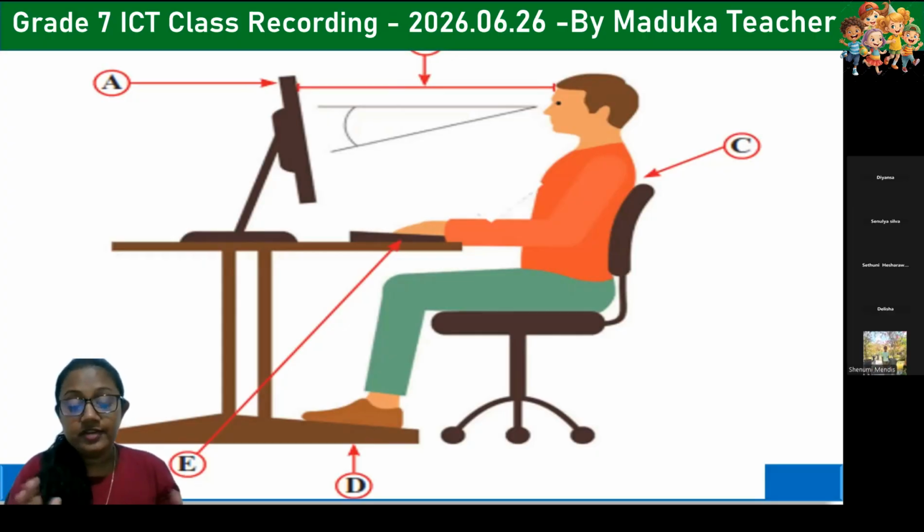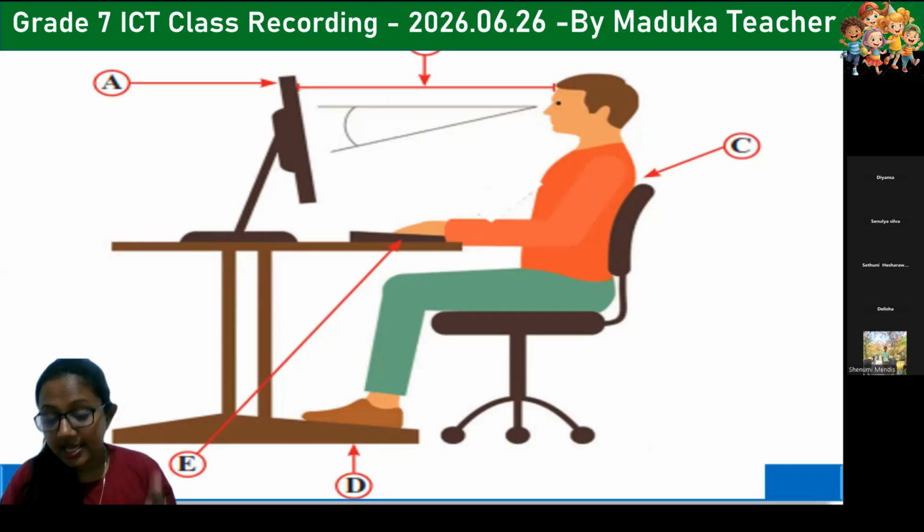When we discuss how to use the keyboard properly, the first thing is to sit properly. These are the good postures we have to use. Take 2 minutes and read your tute, look at labels A, B, C, D, E, and try to memorize them.